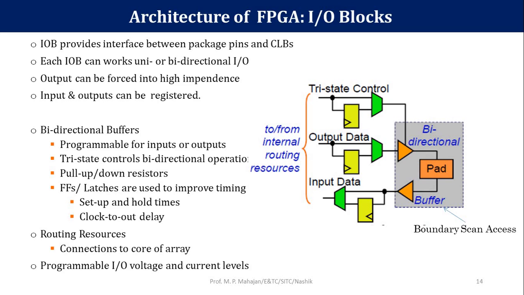Hence it is programmable. The tri-state control signal controls this bidirectional operation, whether the pad is used for input or output. They use pull-up and pull-down resistors also. Flip-flops and latches are used to improve the timing, meaning setup and hold time and clock-to-out delay.